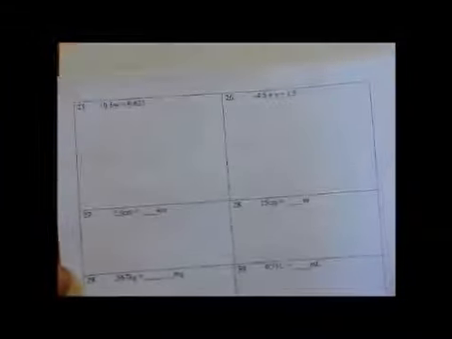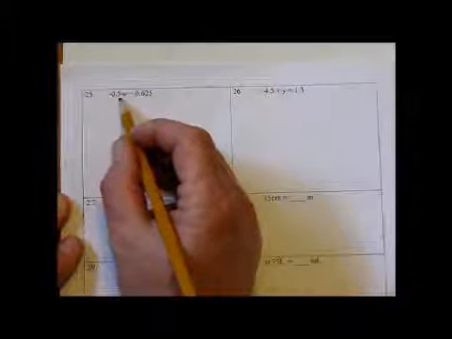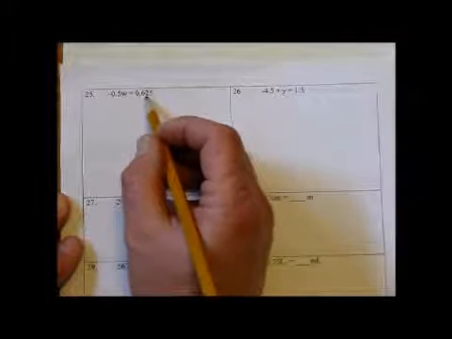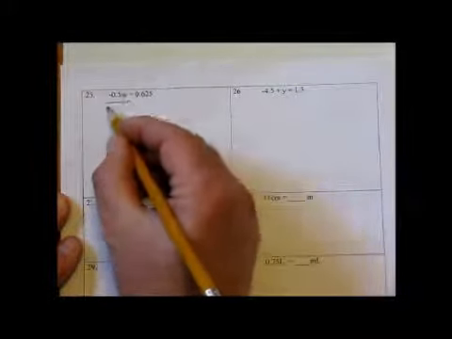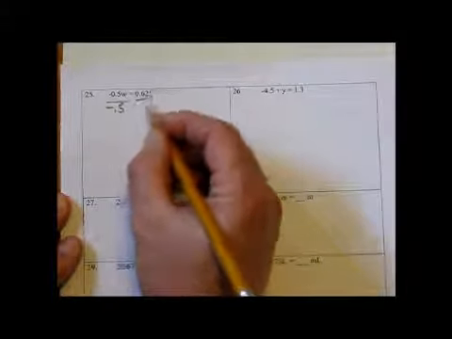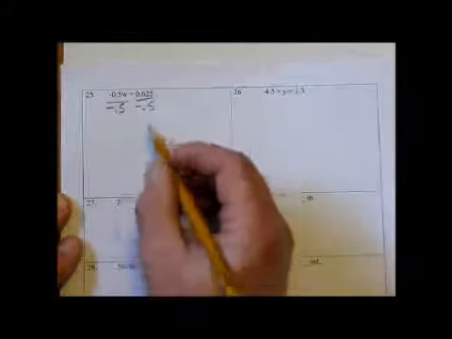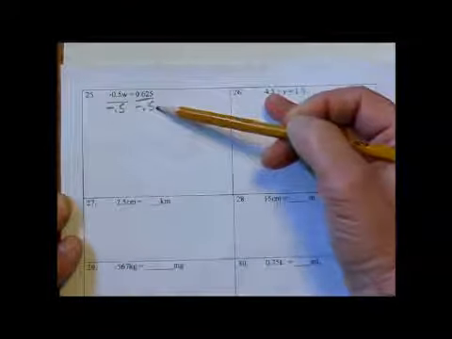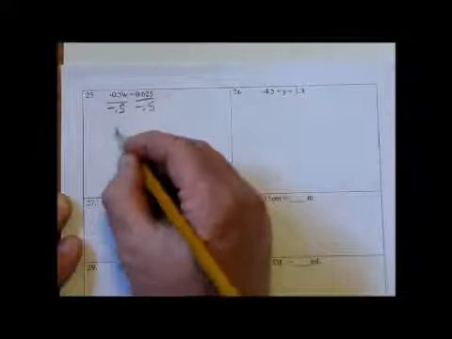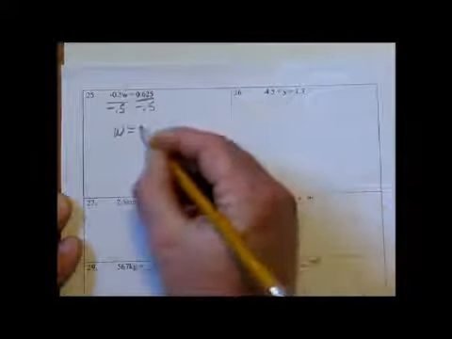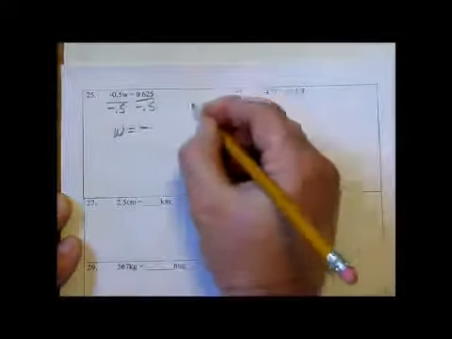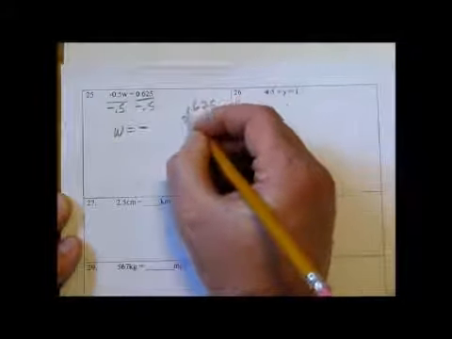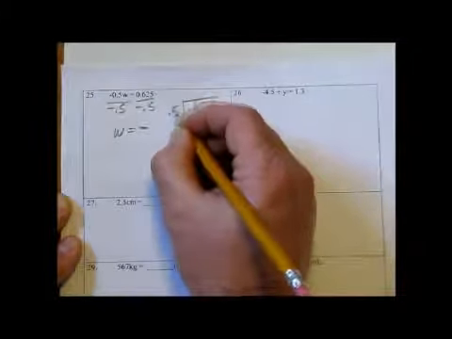On the next one up here, I have negative 0.5 W is equal to 0.625. Going to divide each side by negative 0.5. We know our answer is going to be negative, since it's a positive divided by a negative. So here we get W, and it's going to be negative, like I said. Now I'm going to do 6.25 in the garage divided by 0.5 outside the garage.